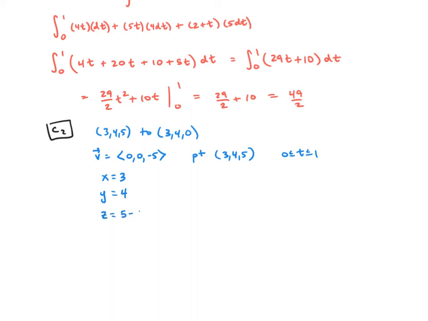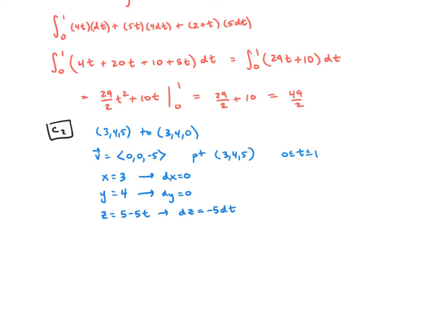And then z is equal to 5 minus 5t. That gives us dx equal to 0. That's something that should be really obvious because x did not change. So the differentials dx and dy are both 0. For z, we have negative 5 dt.